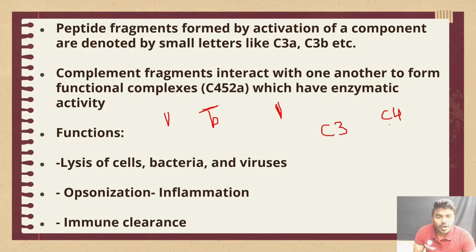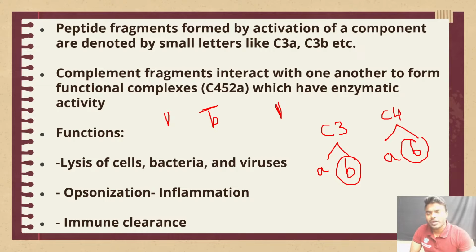When these two complement molecules want to associate with each other, the first complement molecule can be broken down into a smaller part A and a larger part B. Always B will be the larger part. In the same way, complement 4 can also be broken down into A and the larger part B.